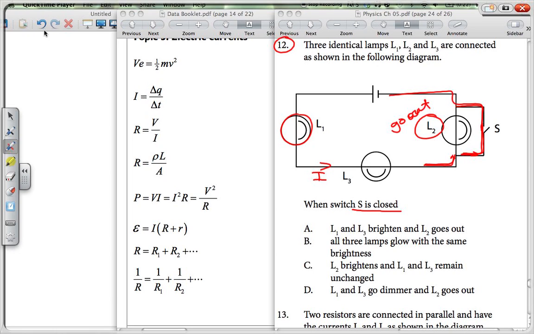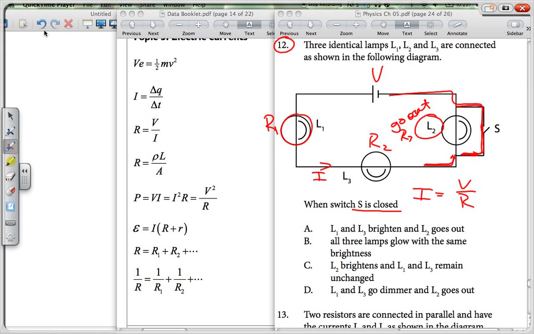Now, if this is R1, R2, and R3, this has got a certain voltage. Now, the current, which is I, is equal to V over R, like that.